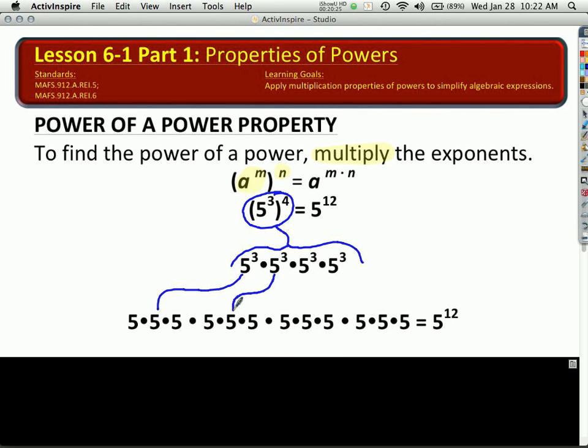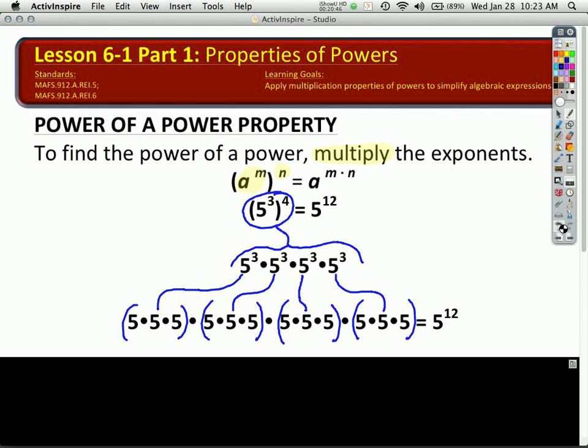This 5 to the third power is right there. This 5 to the third power is right here. And this 5 to the third power is right there. So you could look at it like this, if it helps. But in this case, the parentheses don't really mean anything because everything's being multiplied. So we can actually lump it all together.